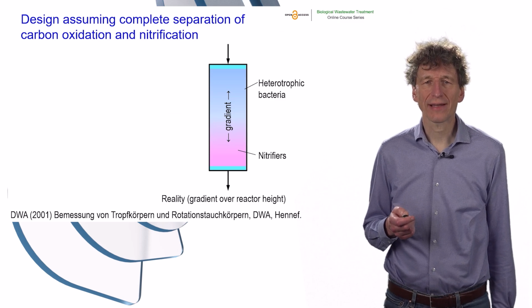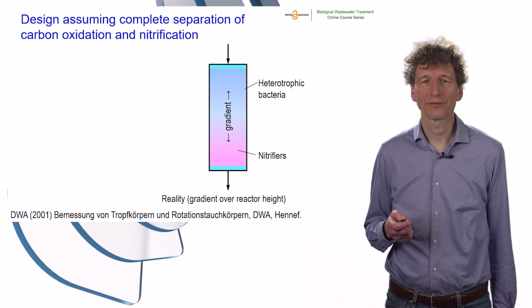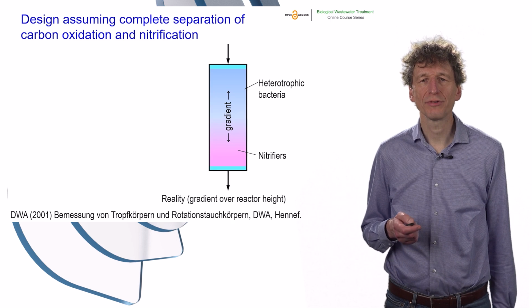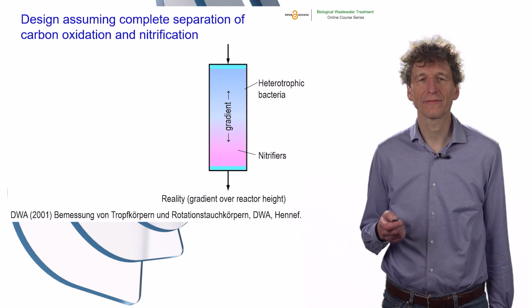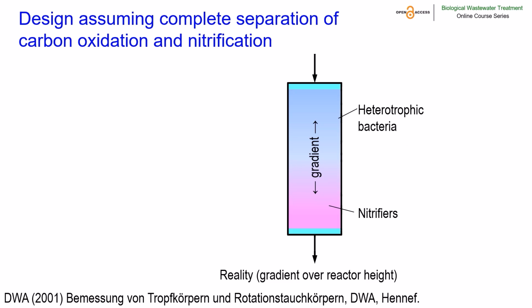A major factor influencing biofilm reactor design is the competition between heterotrophic bacteria and nitrifiers. As shown in this schematic, towards the inlet of the reactor, the biofilm will be dominated by heterotrophic growth. Nitrification will be mostly towards the end of the reactor. There will be a gradient of processes and microorganisms along the length of the reactor.